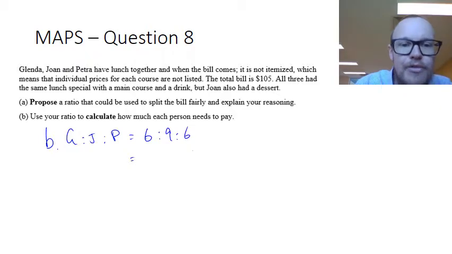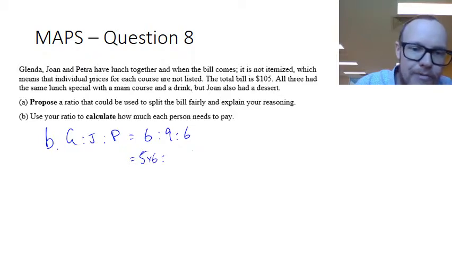If I'm distributing and each part's $5, that's 5 times 6 to 9 times 5 to 6 times 5. So that's 30 to 45 to 30.